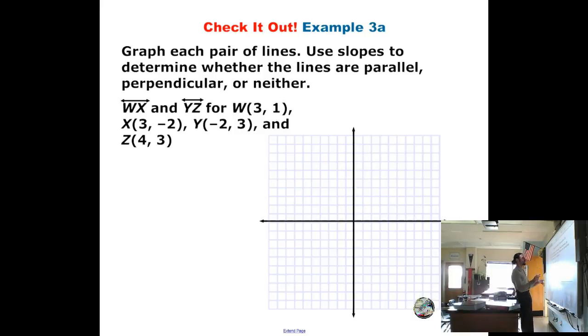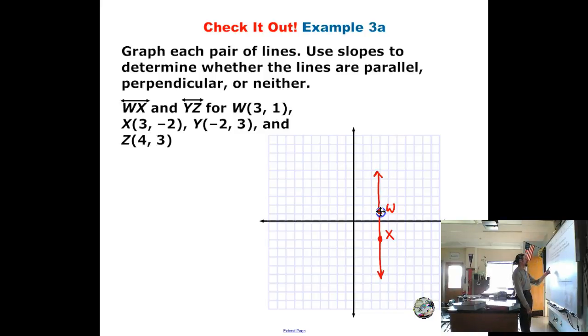So step 1, graph them. W is 3, 1. 1, 2, 3, up 1. Here's W. X is 3, -2. 1, 2, 3, -2. Oh man, wait a minute, that's a vertical line. I love vertical lines.